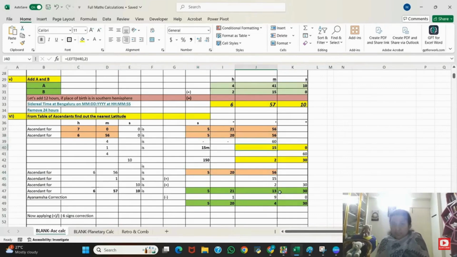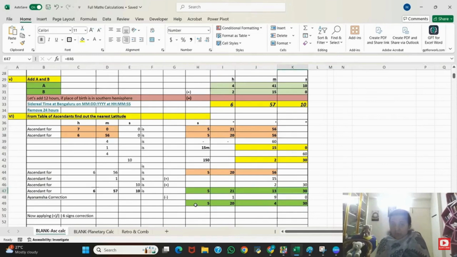Then I have to add this 15 minutes, then add this 2 minutes 30 seconds. When I add all of this, I arrive at the tropical time, or the time with the ayanamsha. So it will be 5 sign passed 21 degree 13 minutes and 30 seconds.